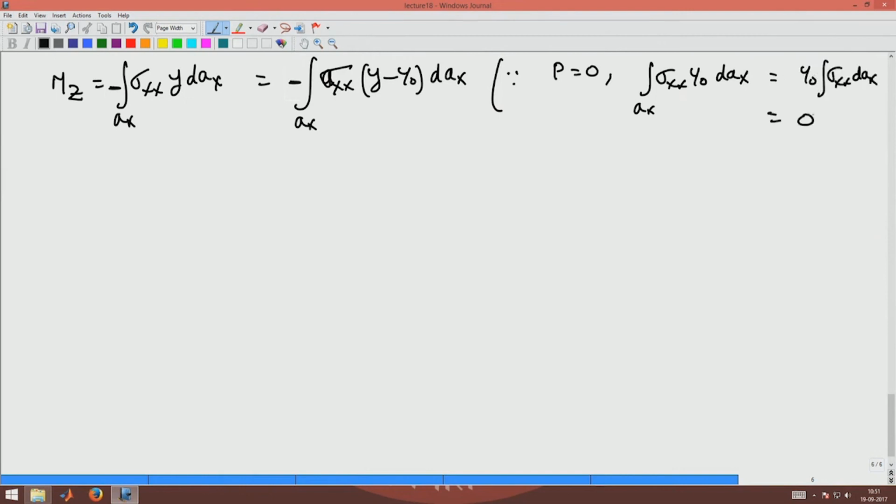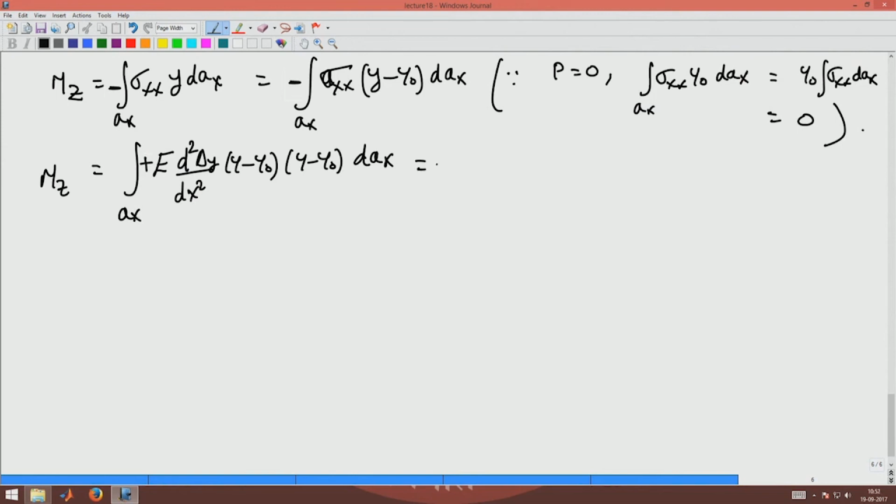So, that is equal to 0, because just now we showed that integral sigma xx dAx is 0. So, I can rewrite the moment equation like this. Now, I substitute for sigma xx from the previous equation, that is minus E times d square delta y by dx square into (y minus y naught), into (y minus y naught) dAx.